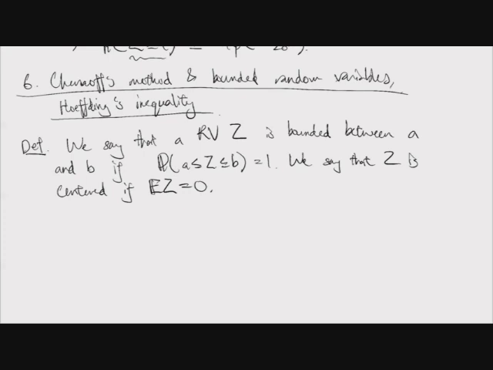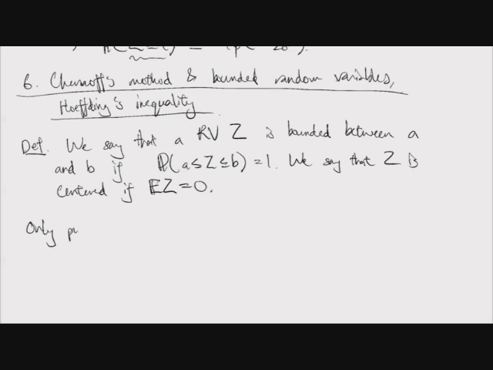Okay, so what's the idea? The idea is that when we applied Chernoff's method to Gaussian random variables, we didn't actually use anything about Gaussian random variables apart from one property. And that one property was a computation of the moment generating function. Let me just write down what I just said.